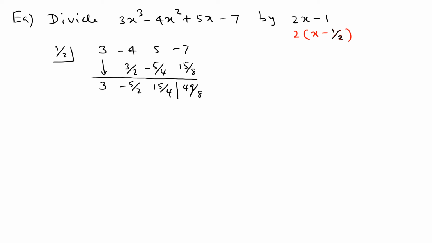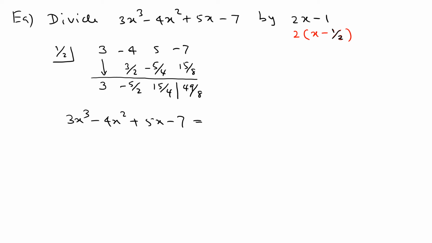Now this is what we're going to do. So let's write this. So that means if you divide 3x cubed minus 4x squared plus 5x minus 7 by x minus 1 half, you're going to get this.